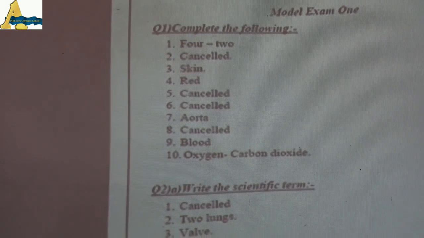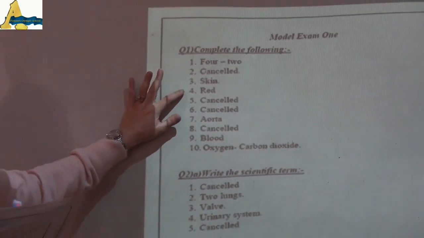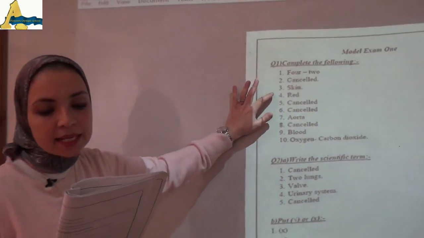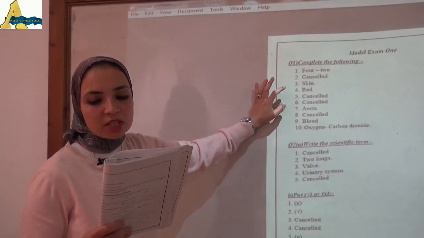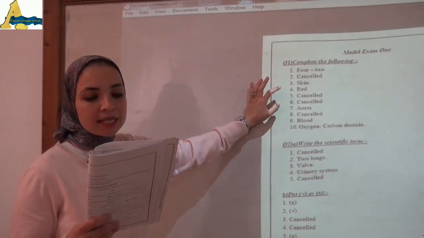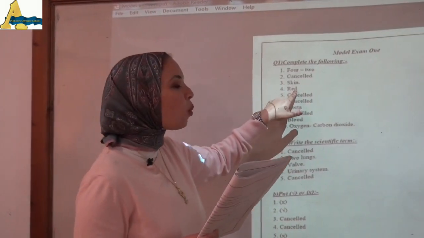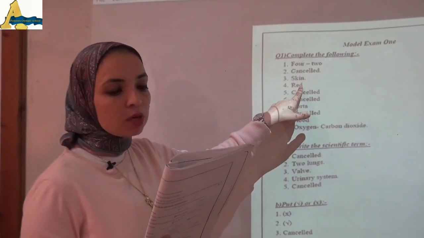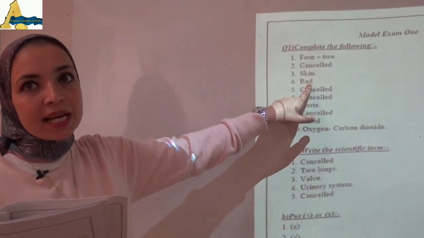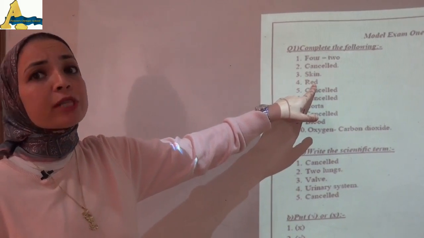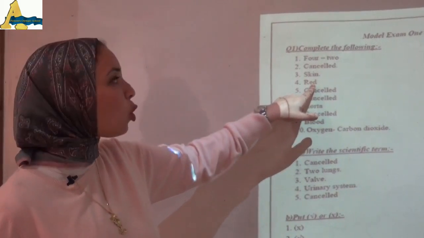Take care, Junior 5. Number 4, what blood cells carry oxygen to all body cells and carbon dioxide from all the body cells? Of course, the red blood cells, because the white blood cells are responsible for protecting our body from microbes.